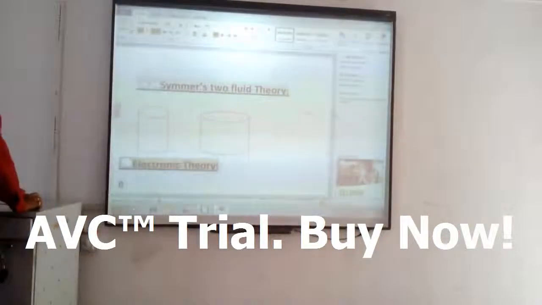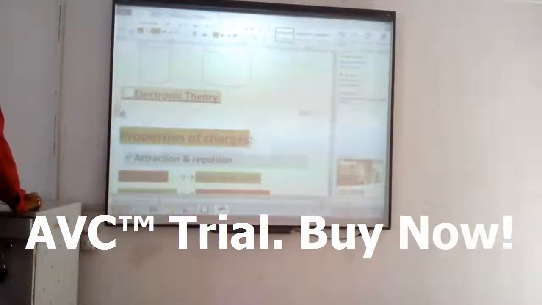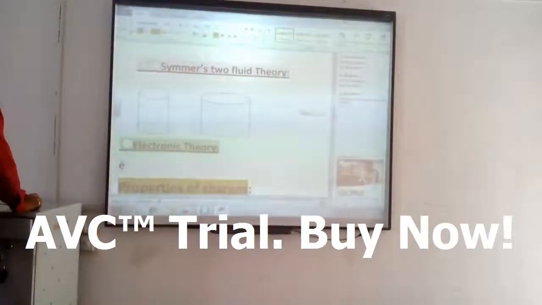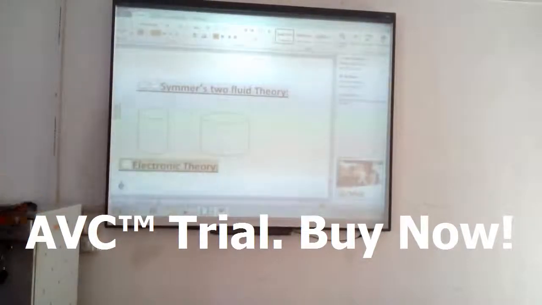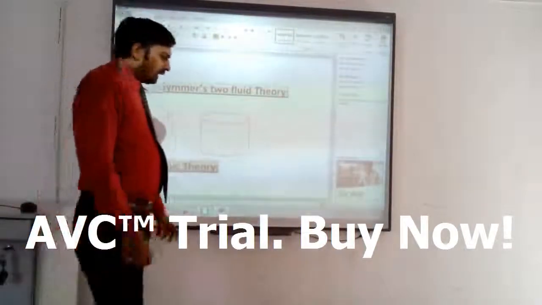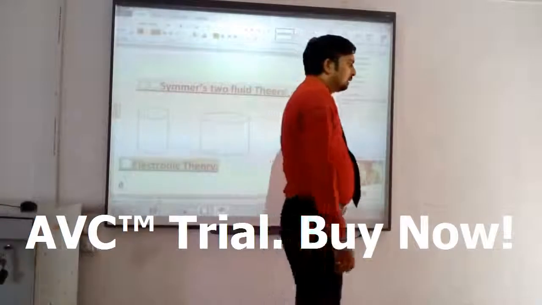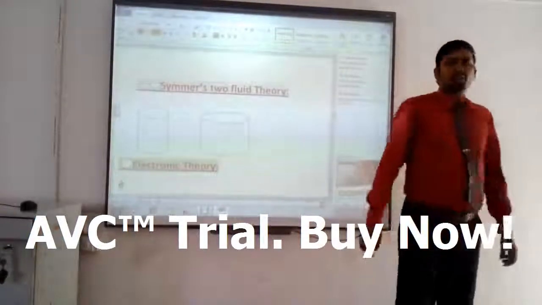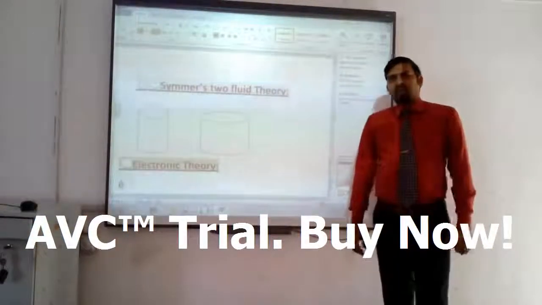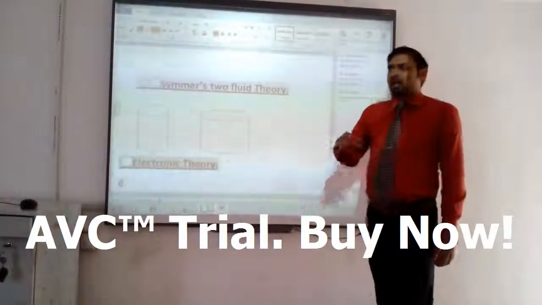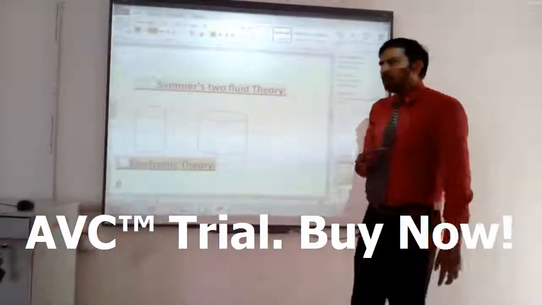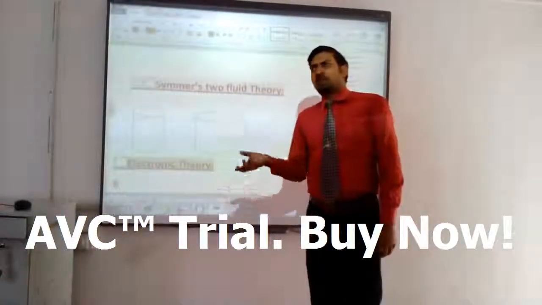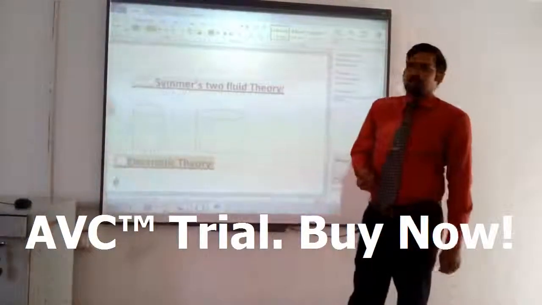Now, next to it, another theory comes into play, that is called the electronic theory. In this electronic theory, which is very acceptable, as we know there are protons present in a body, and electrons are in the outermost orbit, so they can be comparatively easily transferred from one body to another body.